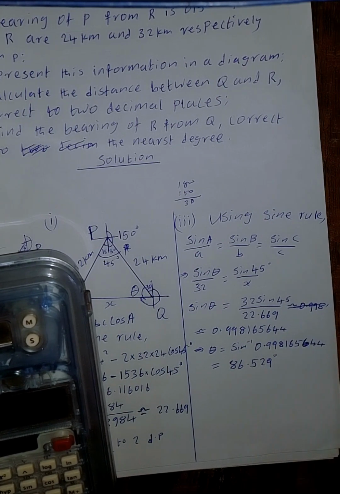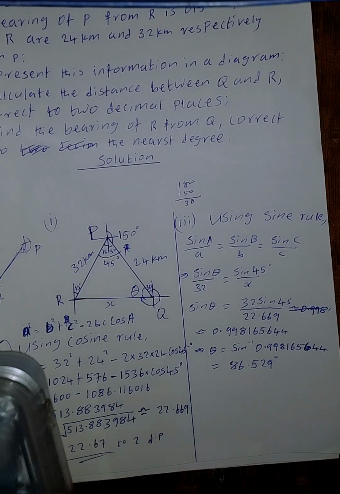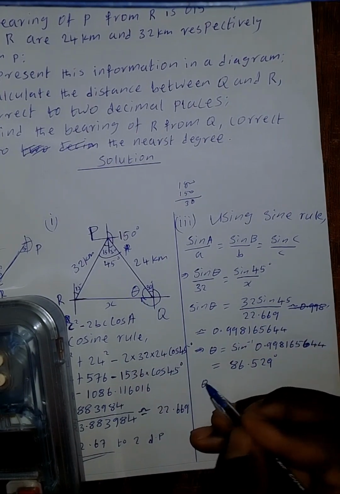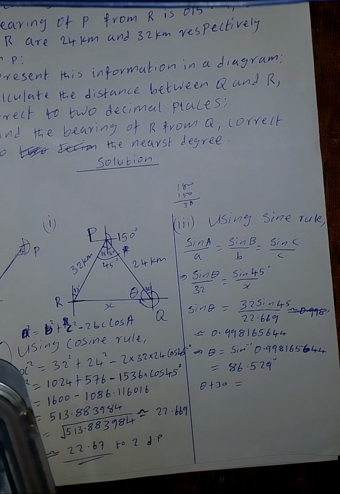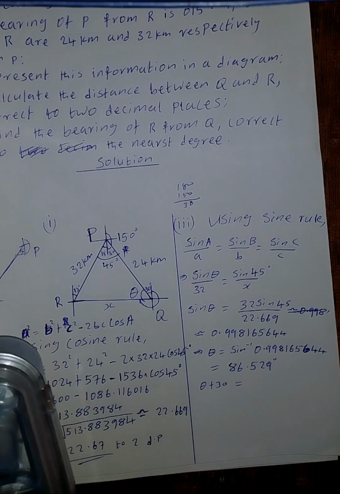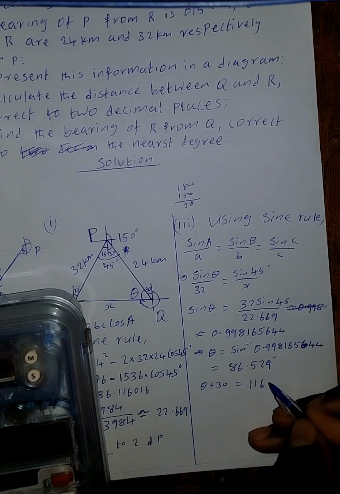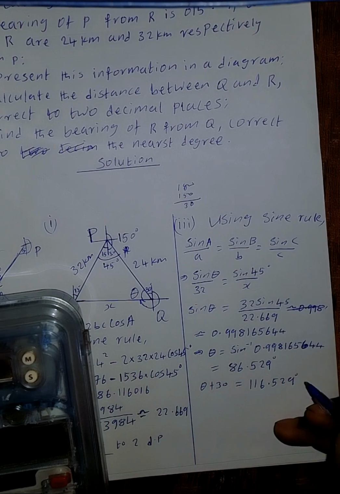86.529 degrees on approximation. So theta is 86.5296, and so when I sum this, theta plus 30 degrees then would be equals to 116.529 degrees.